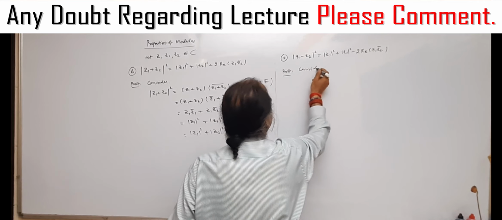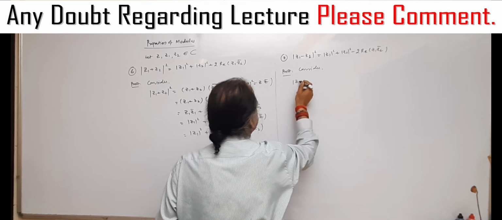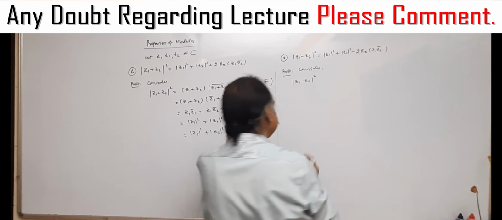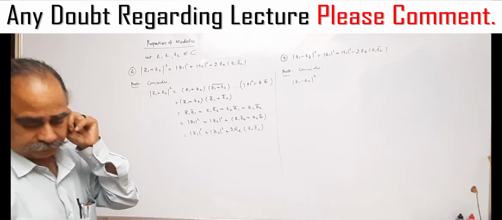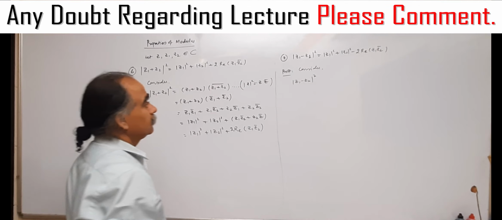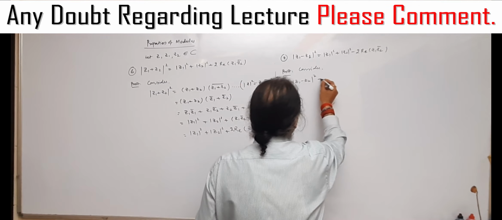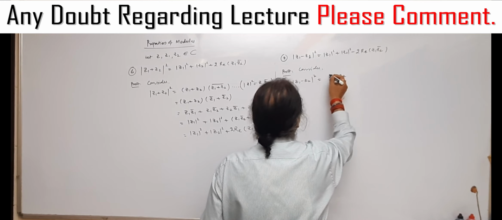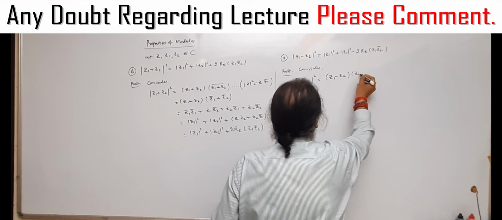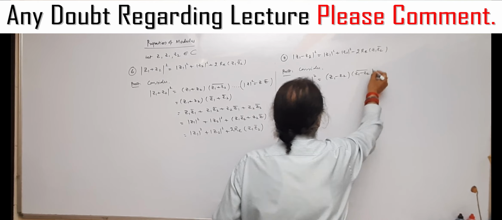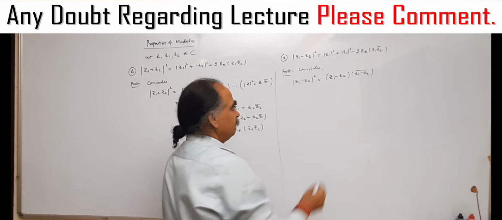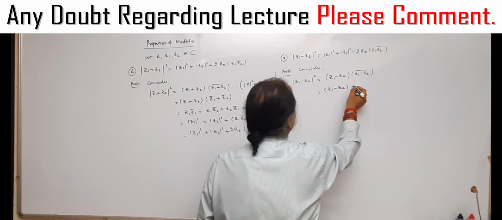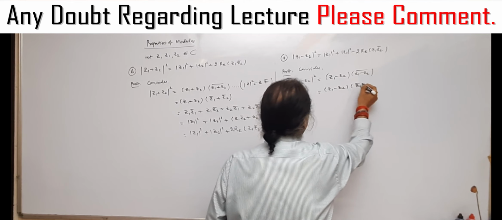Consider modulus z1 minus z2 square. It is nothing but z1 minus z2 into z1 minus z2 bar, which is equal to z1 minus z2 into z1 bar minus z2 bar.